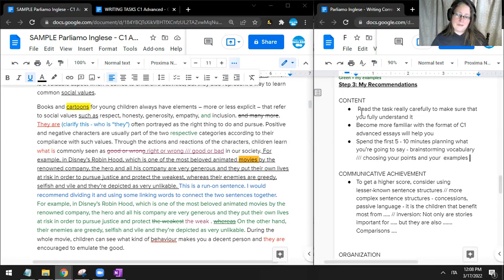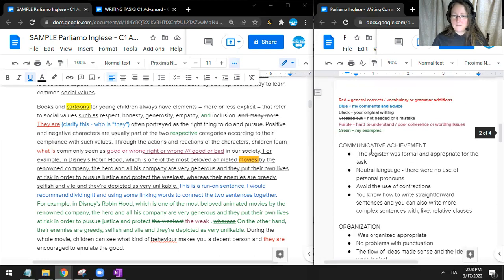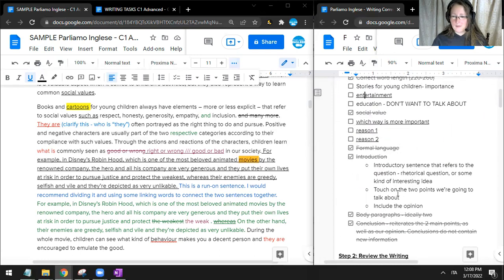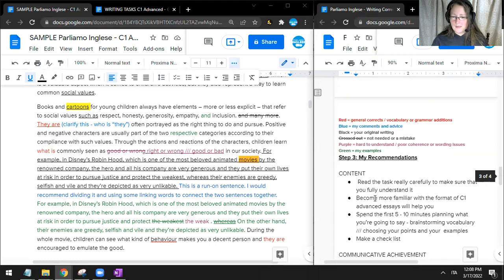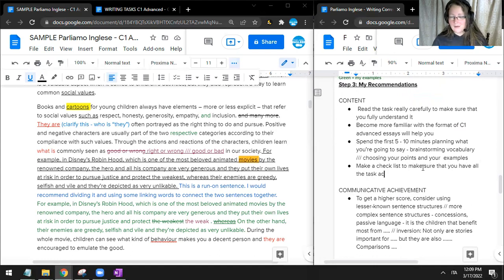And you can even make a little checklist, similar to what I did up top here, to make sure that you have all the tasks covered in your work.